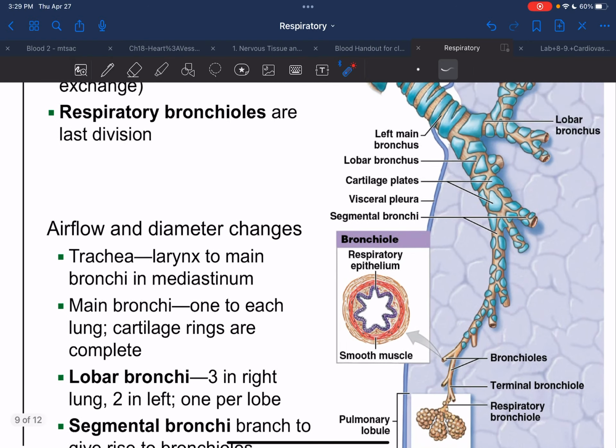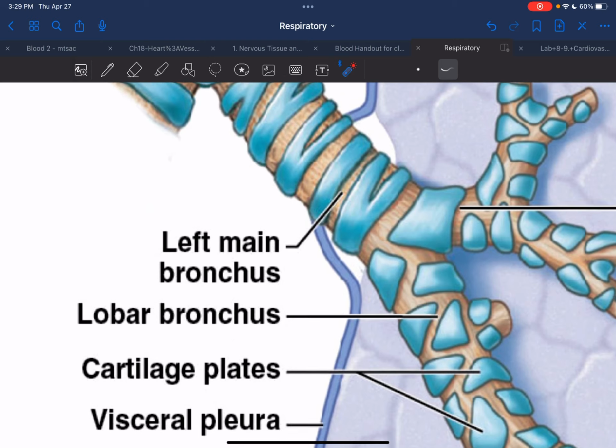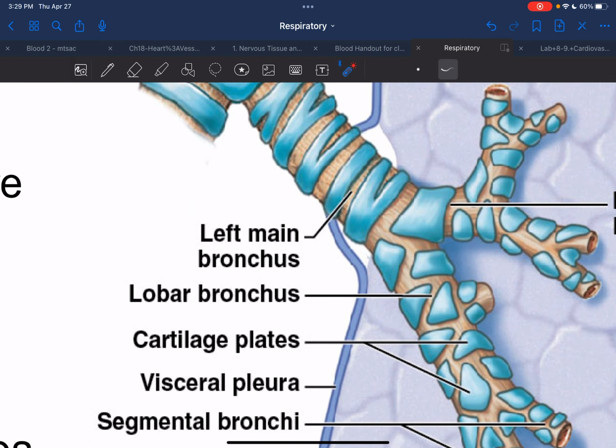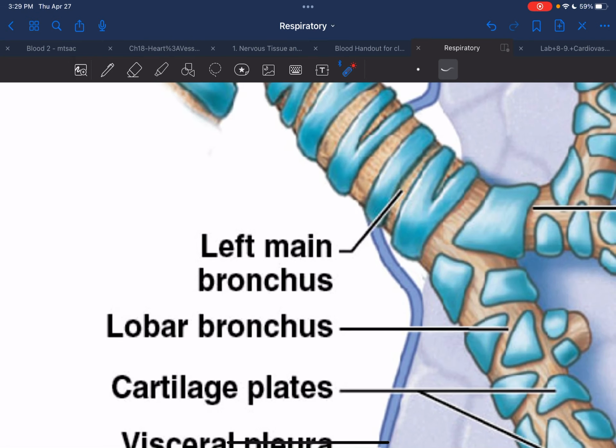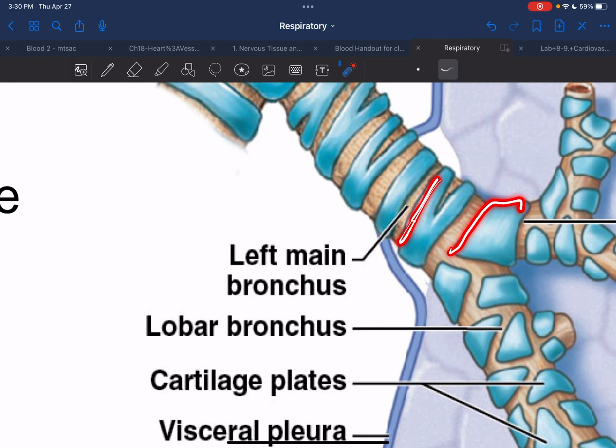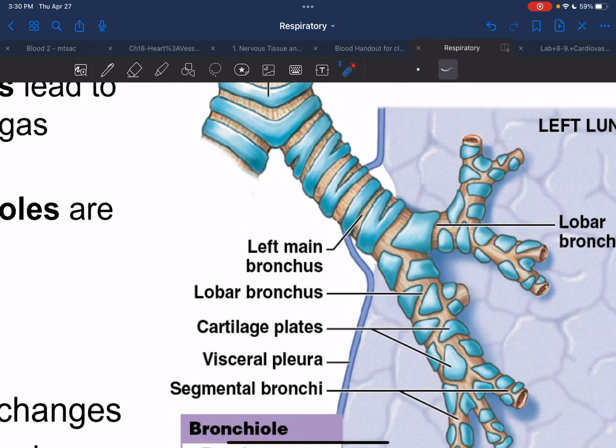But something that I want to address too, what do you notice about the cartilages around those bronchi? What do we notice about, say, this segment up top versus this segment? They look different, right? Like these are rings and these are more like plates. And so this little segment here is your little cartilage plates.